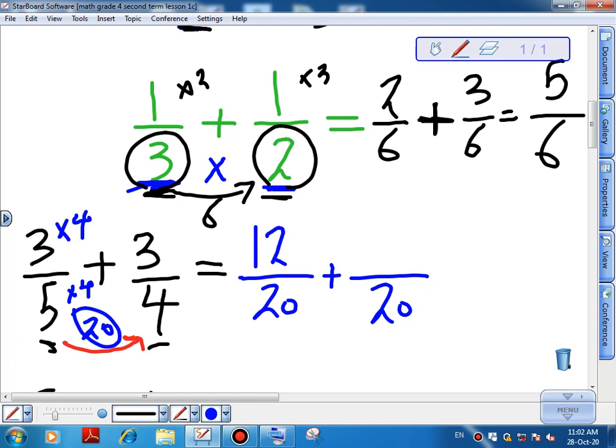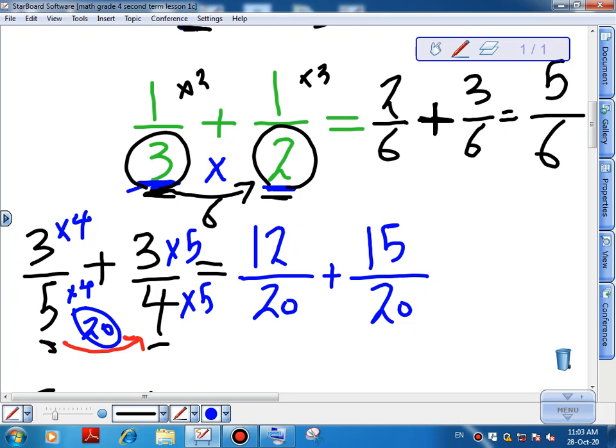It will be 12 over 20. Plus the second one, 4 to be 20, it will be multiplied by 5. So 3 times 5 equals 15. It will be 15 over 20.